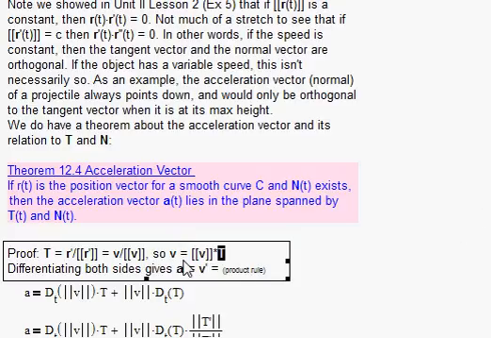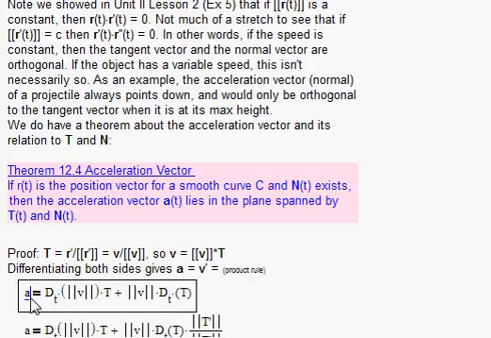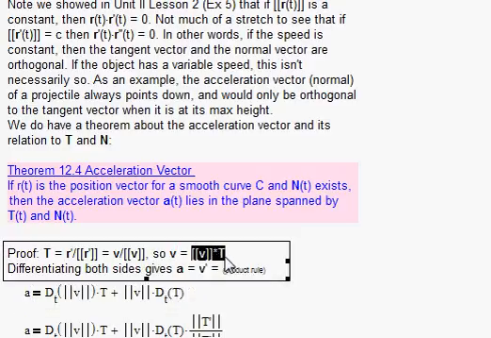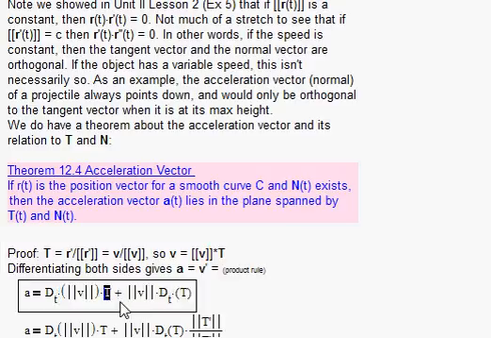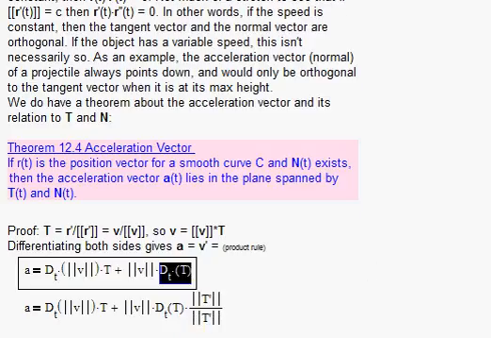So if you differentiate both sides of this, the derivative of the velocity vector is, of course, just the acceleration. And what we have on this side is a product, so we would use the product rule. The derivative is the derivative of the length of the velocity vector times the tangent vector plus the length of the velocity vector times the derivative of the tangent vector.